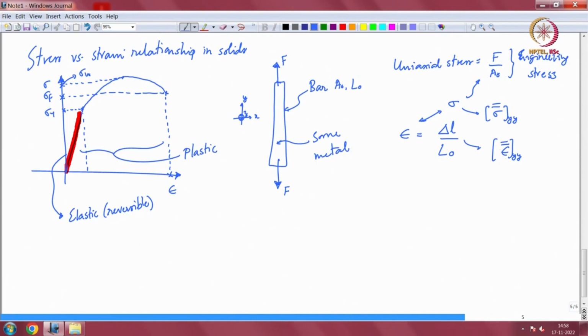Now if you take this curve, so this is a typical curve that we all know and love, you can make certain approximations depending on how big the elastic range is, depending on what the modulus is, and depending on how much ductility is there in the material and so on. So here are two idealizations.